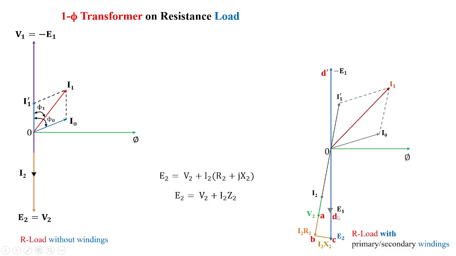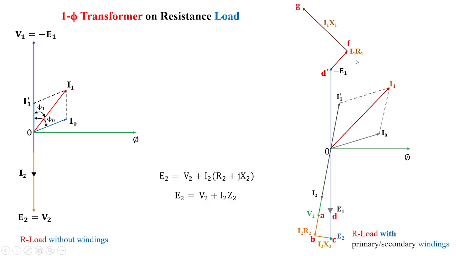Now, opposite to minus E1, we have E1 and E2, which is already assumed to be in phase. Now, from D dash or minus E1, we are taking a line parallel to I1, and the drop is treated as I1R1, and that line is defined as D dash F. Now, this is parallel to I1.